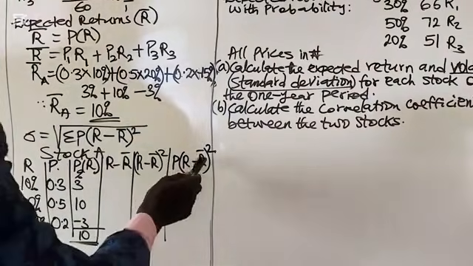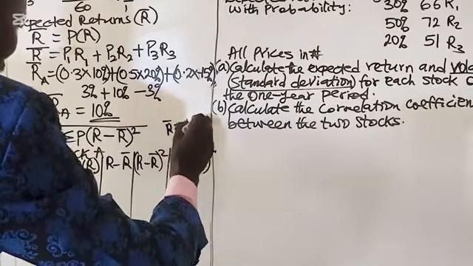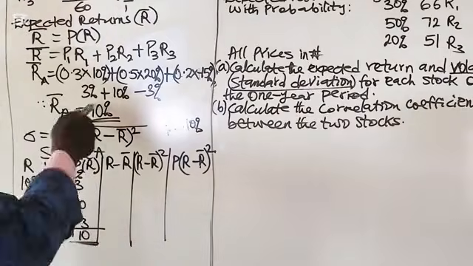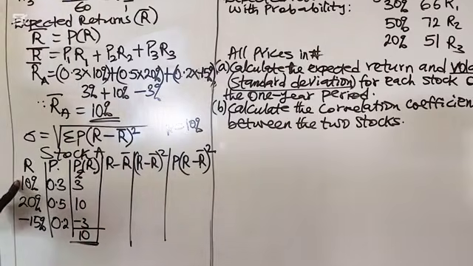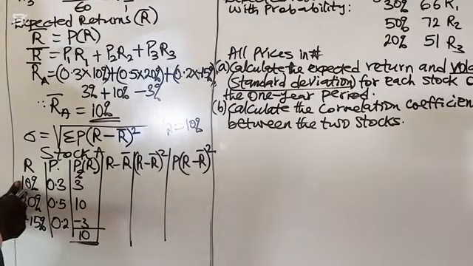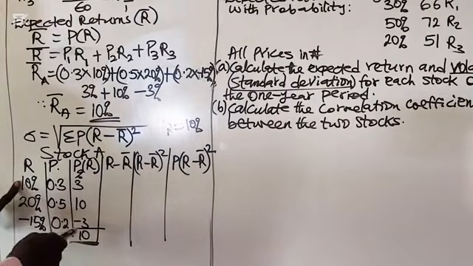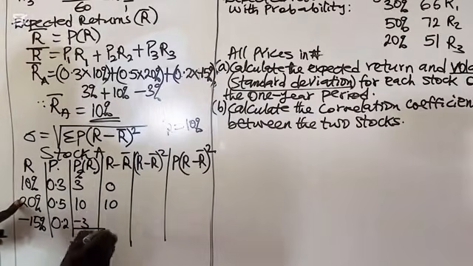The R bar is the expected returns, and our expected returns, that is R bar, is 10% as calculated. So R is 10% here, and R bar from our calculation is 10%. That means we have 10 minus 10, that will be 0. 20 minus 10, that will be 10.